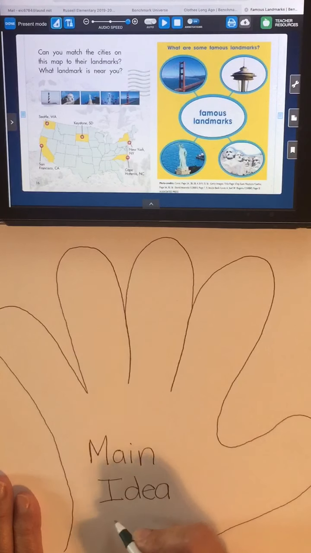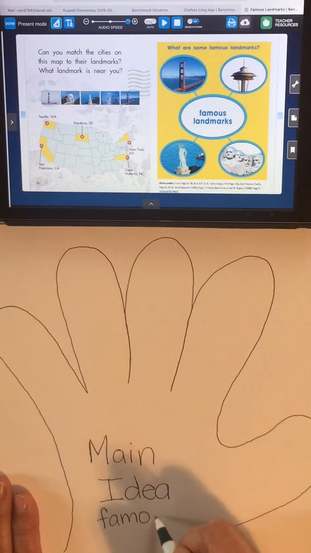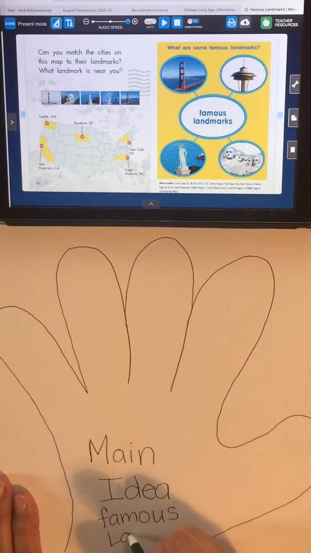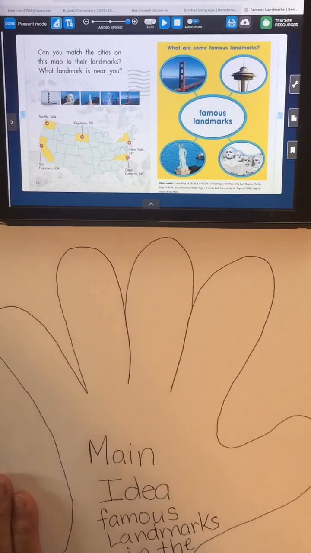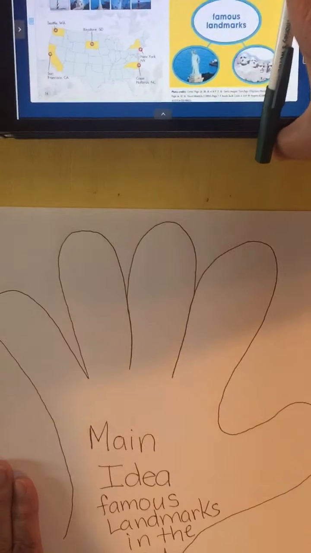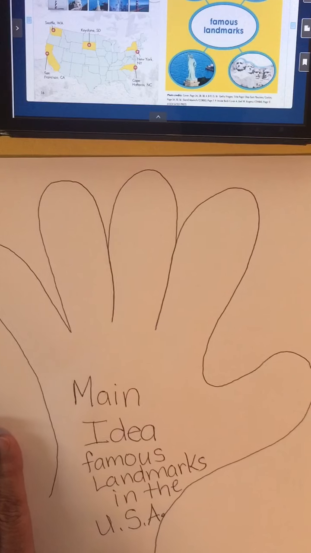And your main idea talks about famous landmarks in the USA, in the United States of America. Each one of your fingers is going to be a detail from the book.